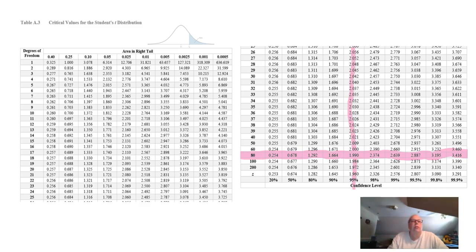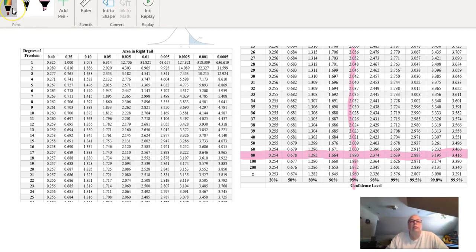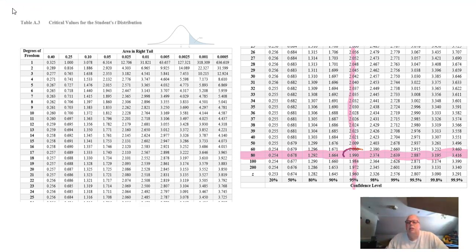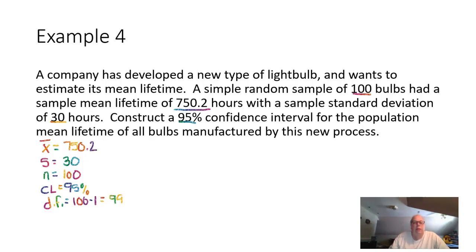And so our t is 1.990. Okay, we need to calculate the standard error. The standard error, remember, was the sample standard deviation divided by the square root of n.